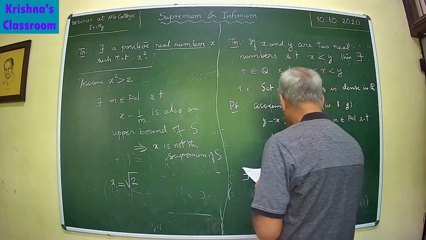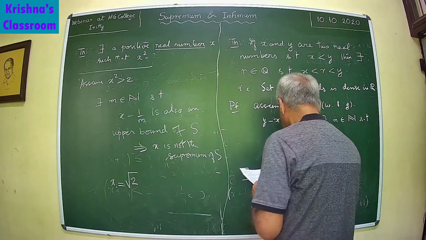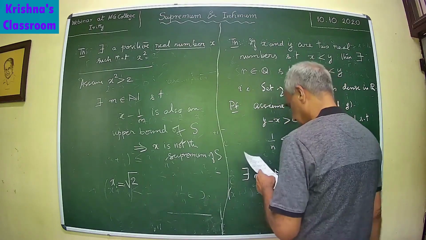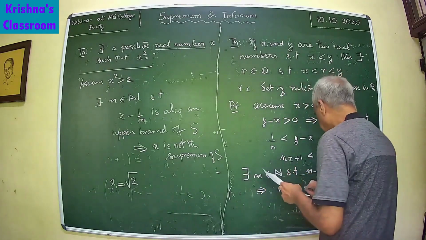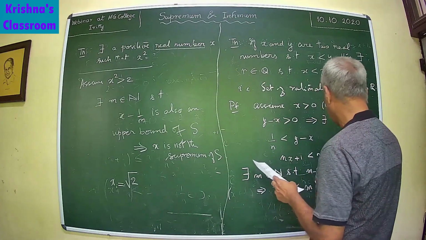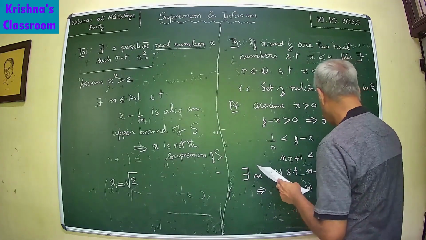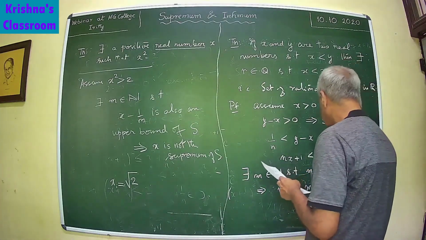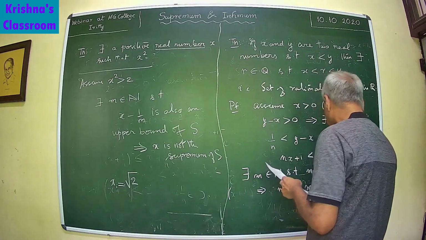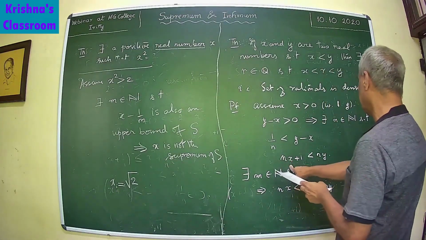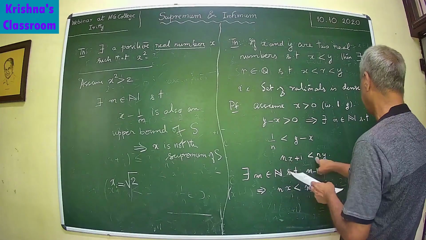So you have nx is less than m, and m is less than nx plus 1, and this is less than ny, because nx plus 1 is less than ny.